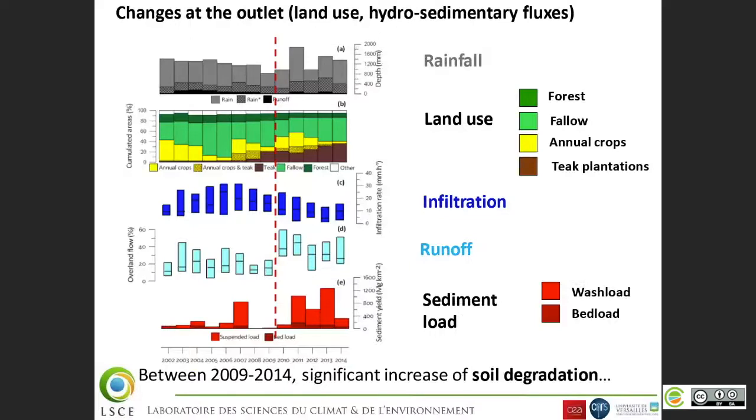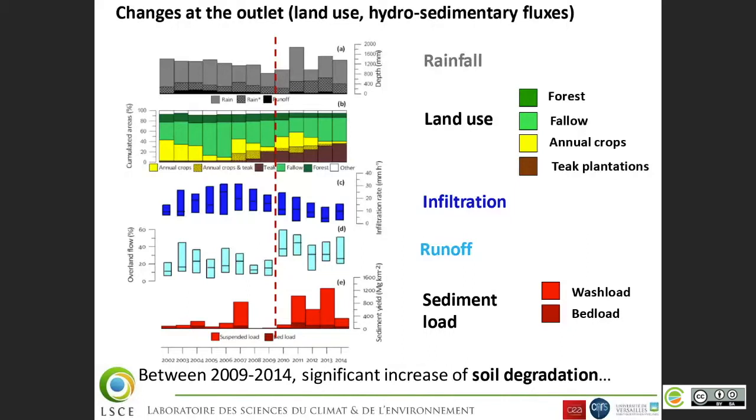And so the good point with this monitoring system is that you can look back from the early 2000s until 2014 in this case. Of course, you have rainfall variability during this period, with drier and wetter years, but basically after 2009, you have a significant proportion of teak plantations in the catchment.